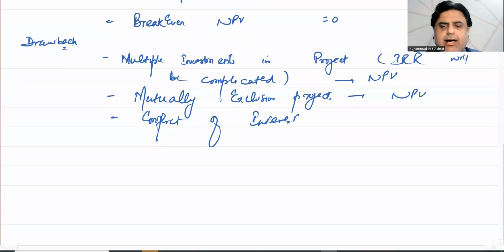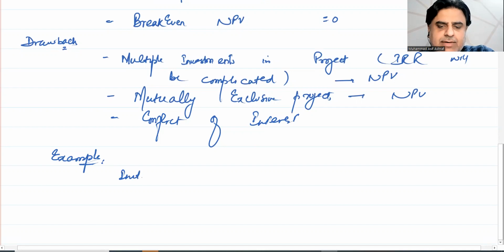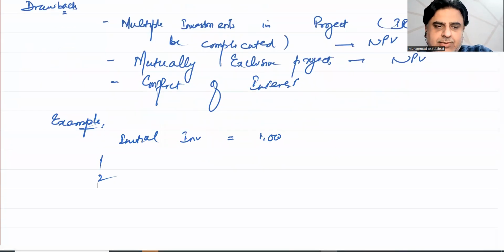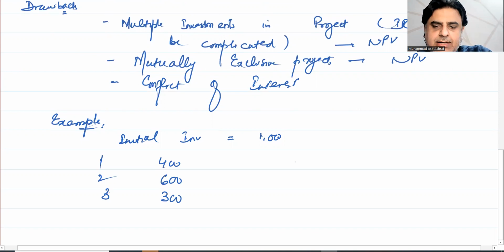And simply how you calculate it, let's have an example. Let's say you have an initial investment of 1,000 and you are given the cash flows for years 1, 2, 3: 400, 600, let's say 300.